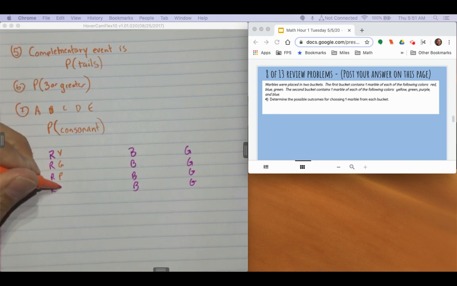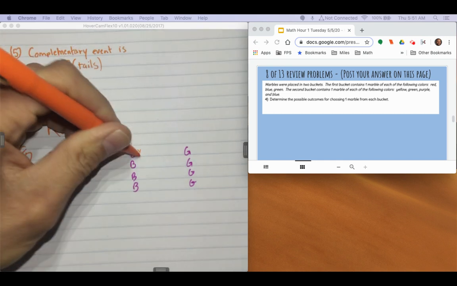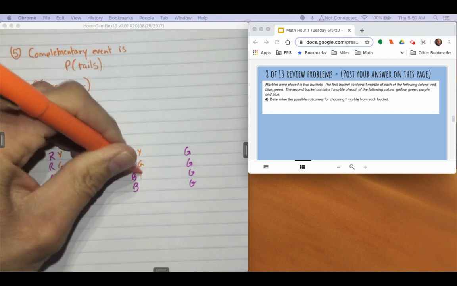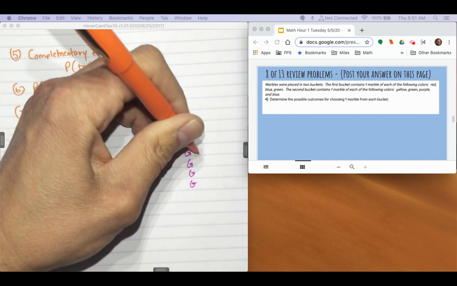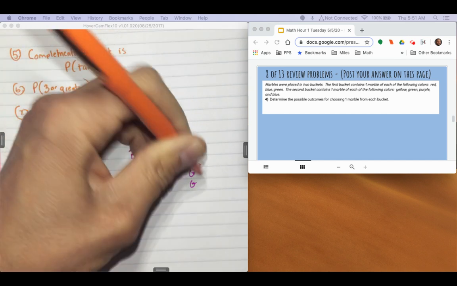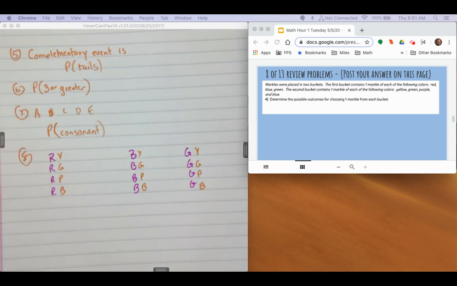So there's 3 in the first and then 4 in the second. 3 times 4 is 12, and I have 12 different outcomes. And these are the outcomes. That's all you needed to do for this number.